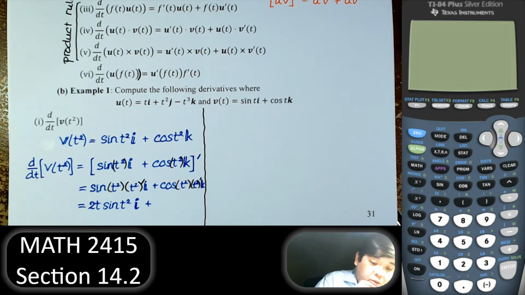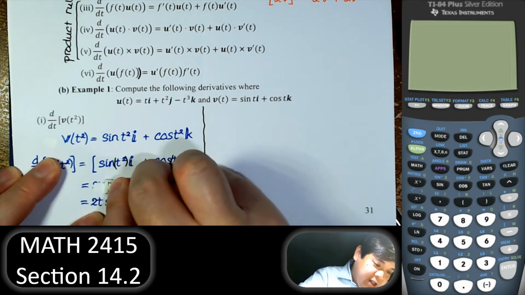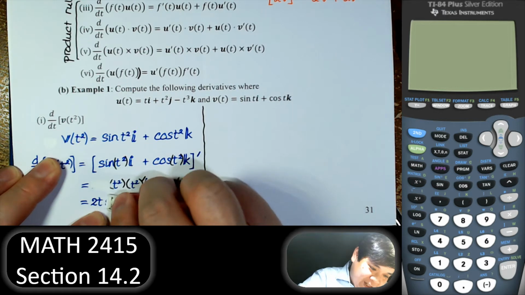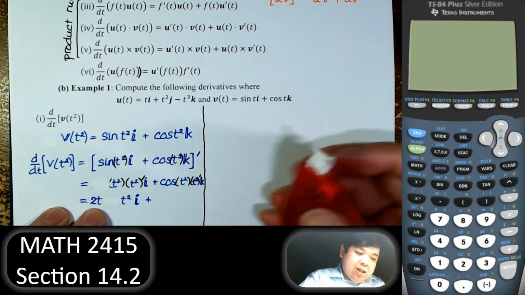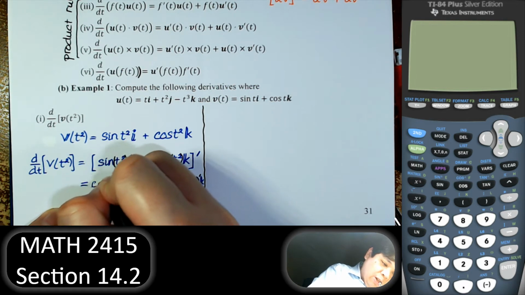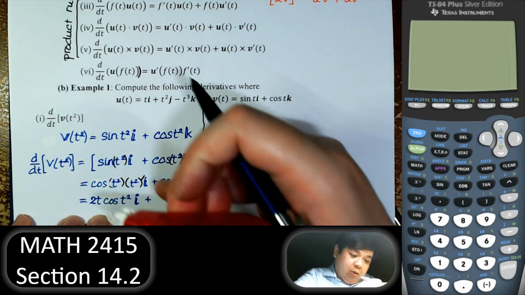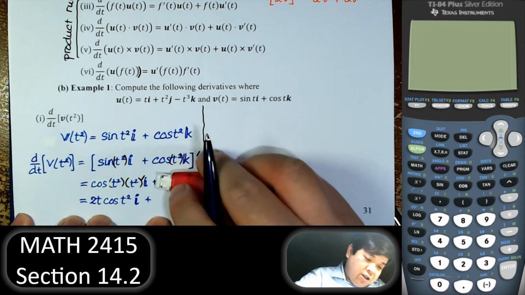of course there's a problem here, right? The derivative of sine is cosine. Yeah, so we take the derivative here to there, so this will be cosine. And the derivative of cosine is negative sine.